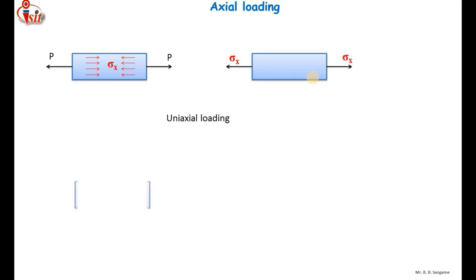When I apply a force in the x direction, there will be a stress in the x direction, and similarly, simultaneously, when I apply a force in the y direction, there will be a stress in the y direction, called sigma y. Here you can see that sigma x acts along the x-axis and sigma y acts along the y-axis.